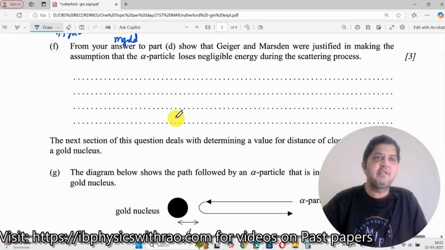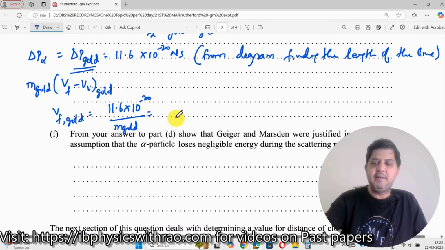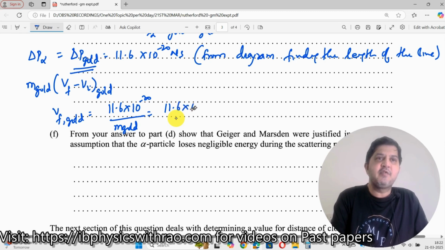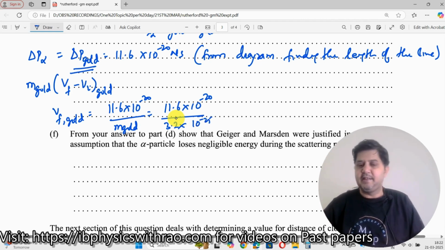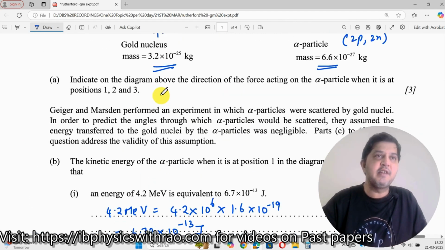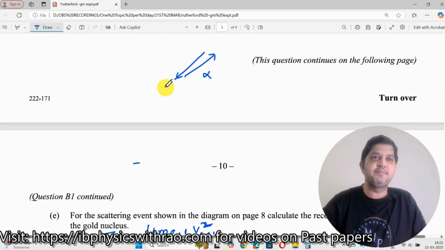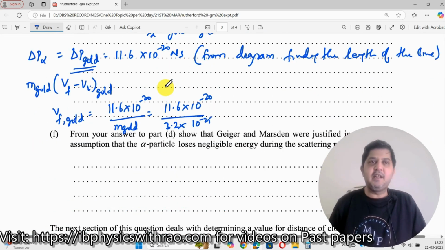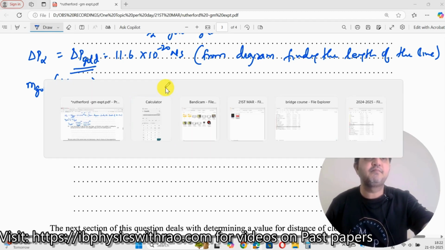So I will write 11.6 into 10 to the power of minus 20 divided by 3.2 into 10 to the power of minus 25. I think it's minus 25 only. Let me check once again. Yes, minus 25 kg. Right. Now let us find out what is that value.